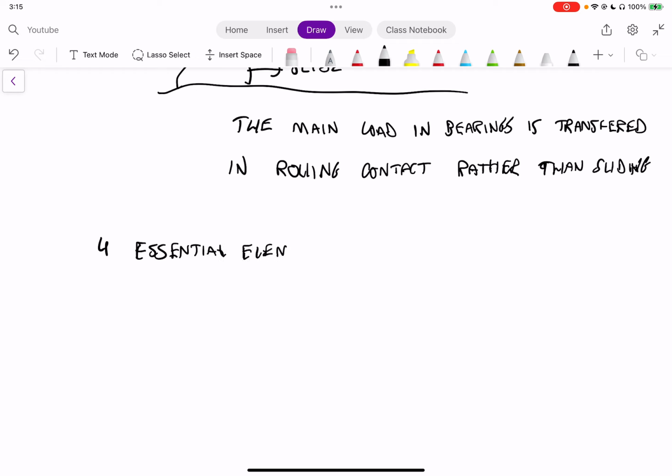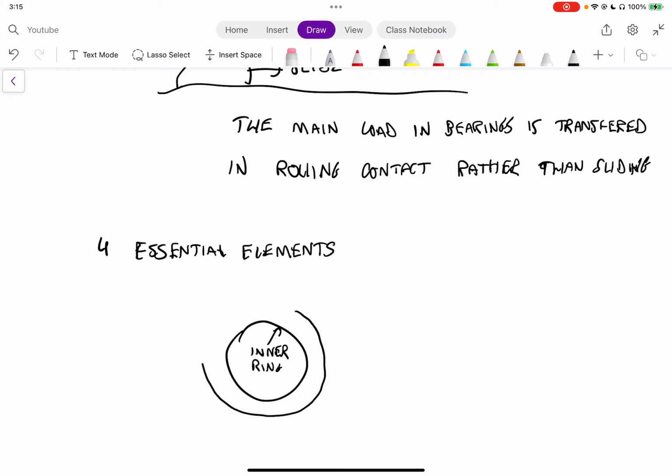Now, the primitive bearing was just a log, but if we look at a modern day bearing, then we would know that it would have an inner ring, and we'll show a diagram of an actual bearing in a second, but it has an inner ring, it has an outer ring. I'll over exaggerate the width of the outer ring just so that we have some space.